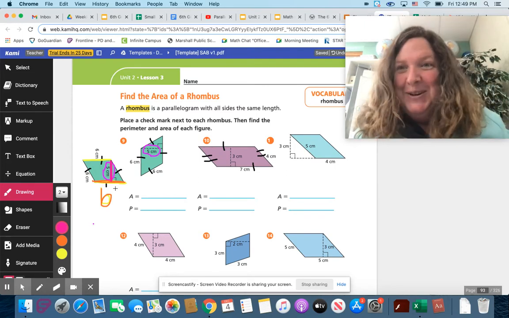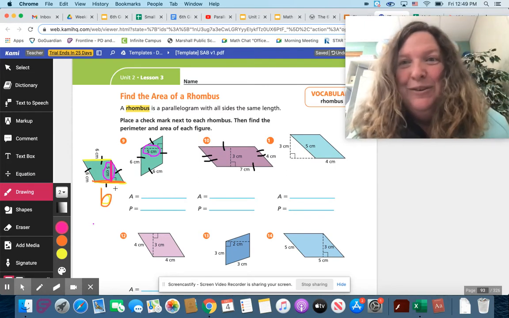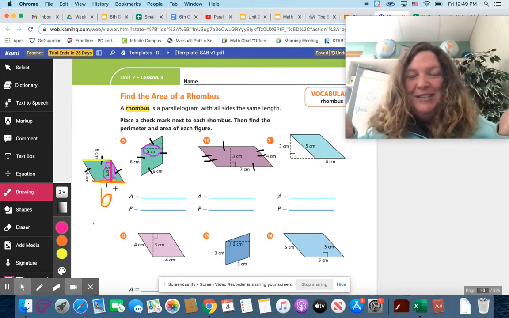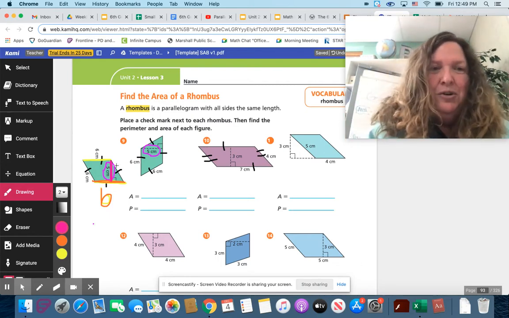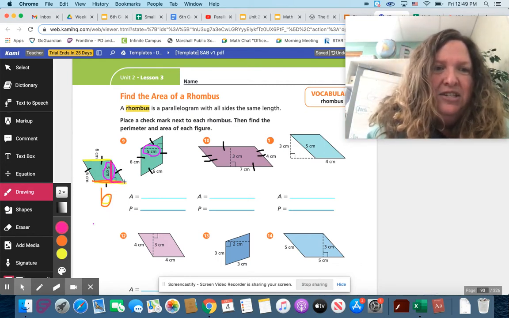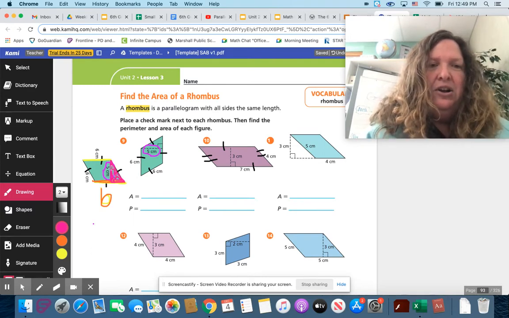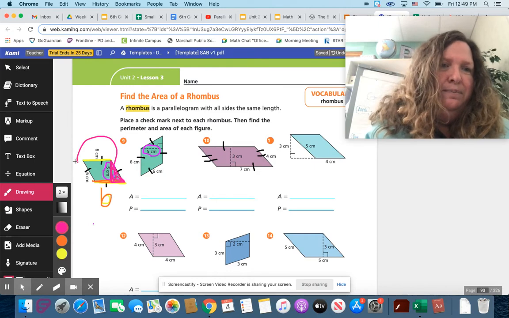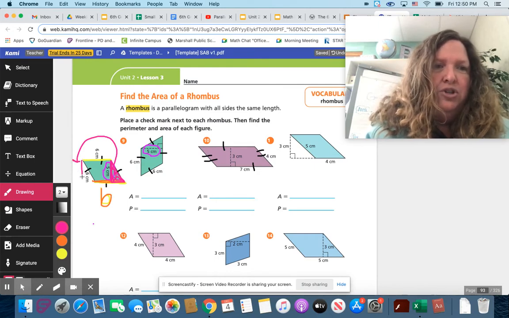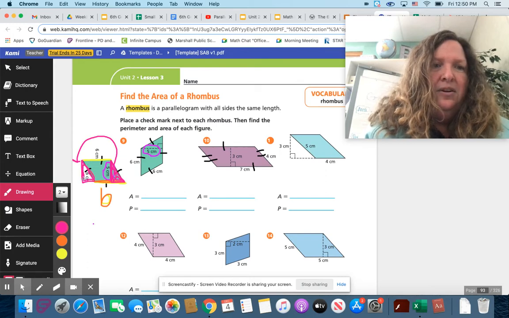Now, we know for a parallelogram, the formula for finding the area is base times height. Same as a rectangle, because we could take this chunk right off, move it right over here and draw it right back on. There it is.